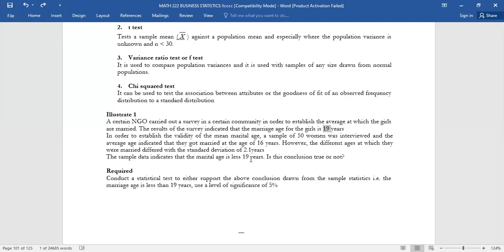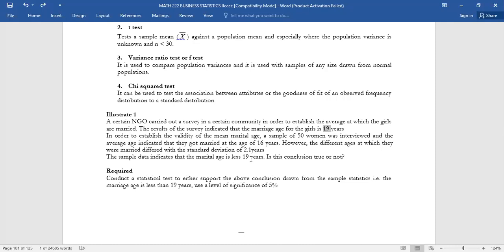How do you get the standard deviation of the sample mean? We said it is the standard deviation, small s, over the square root of the sample size. So we are talking of 16 minus 19, all over 2.1 divided by the square root of 50.